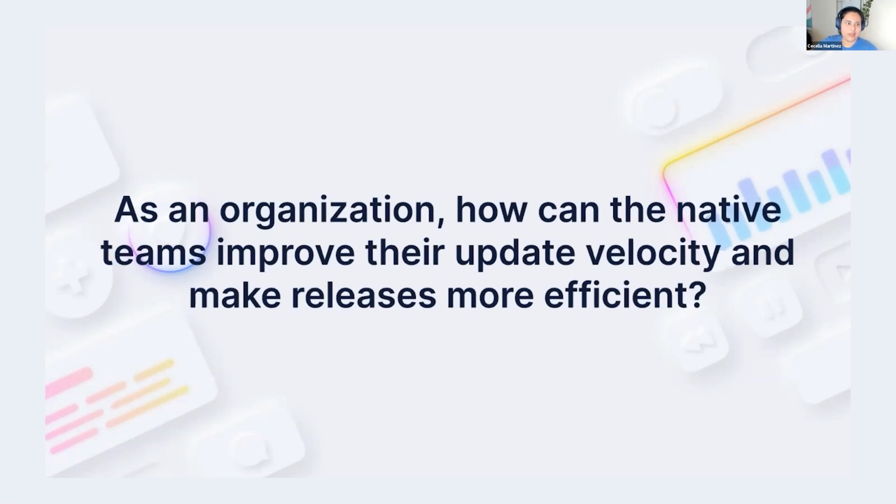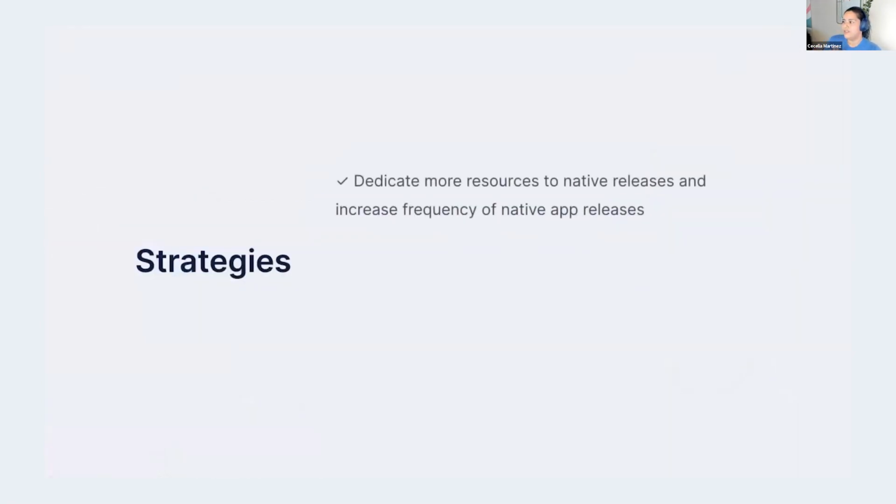All right, so we'll take a look at some strategies that you can use. One is, throw more resources at it, right? Dedicate more resources to native releases to increase the frequency of native app releases. Deploying 1 to 2 times a month is very common across the industry for mobile deployments, but it's not ideal.